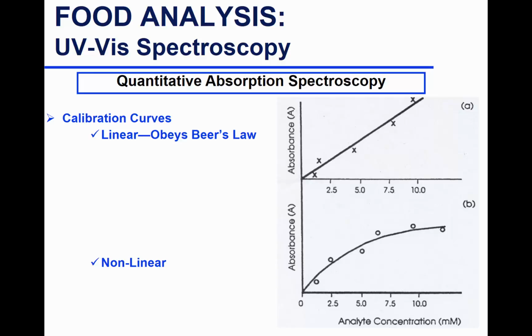We talked briefly about deviation from Beer's law. For Beer's law, you need to have a linear relationship between the absorbance and the concentration. This is very unique for the type of element or molecule you are analyzing. Those of you that did the AA, the iron went up only to 10, the calcium went up to 16 parts per million.